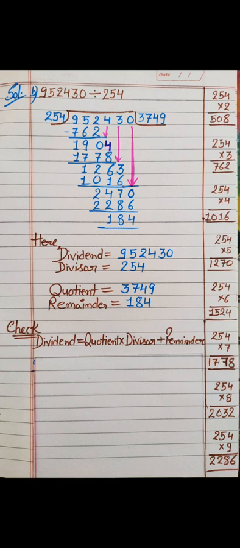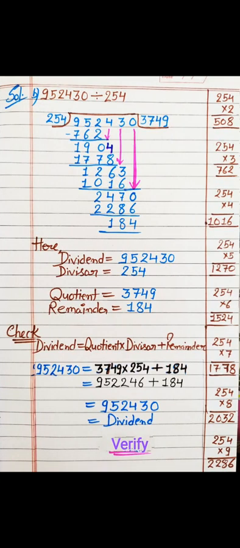For checking we use the division algorithm, that is dividend equals quotient times divisor plus remainder. We put in the values: dividend is 9,52,430, quotient is 3,749, divisor is 254, remainder is 184.